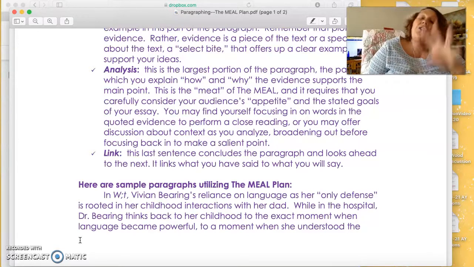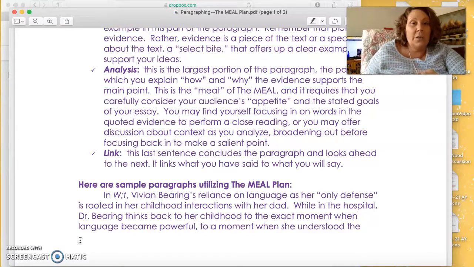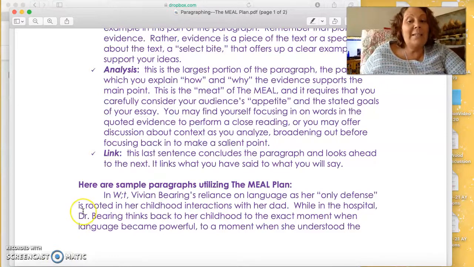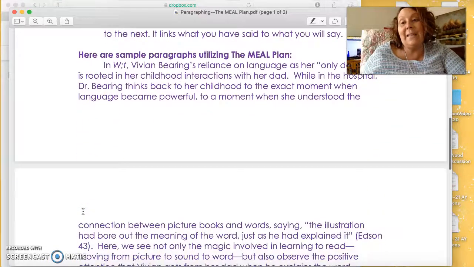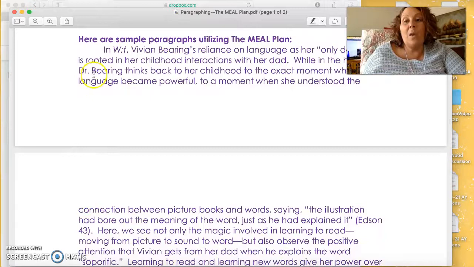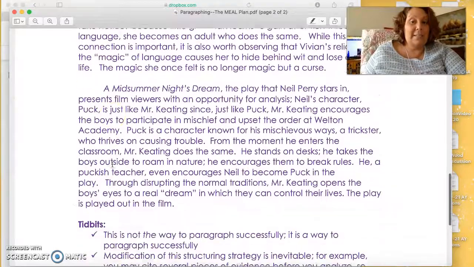To go beyond just describing the parts of this heuristic to my students, and I regularly update this when I teach composition, I gave student examples of utilizing the meal plan.